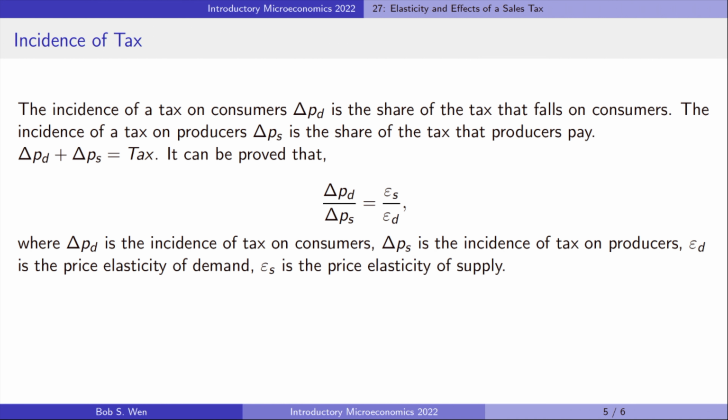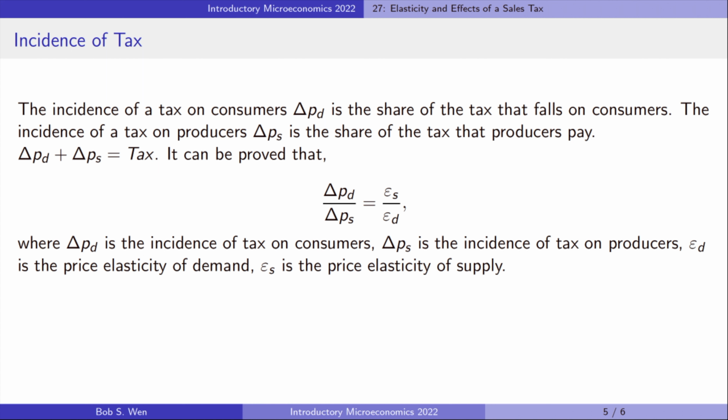Next, let's consider how the tax is split between consumers and producers. The incidence of a tax on consumers is the share of the tax that falls on consumers. The incidence of a tax on producers is the share of the tax that producers pay.